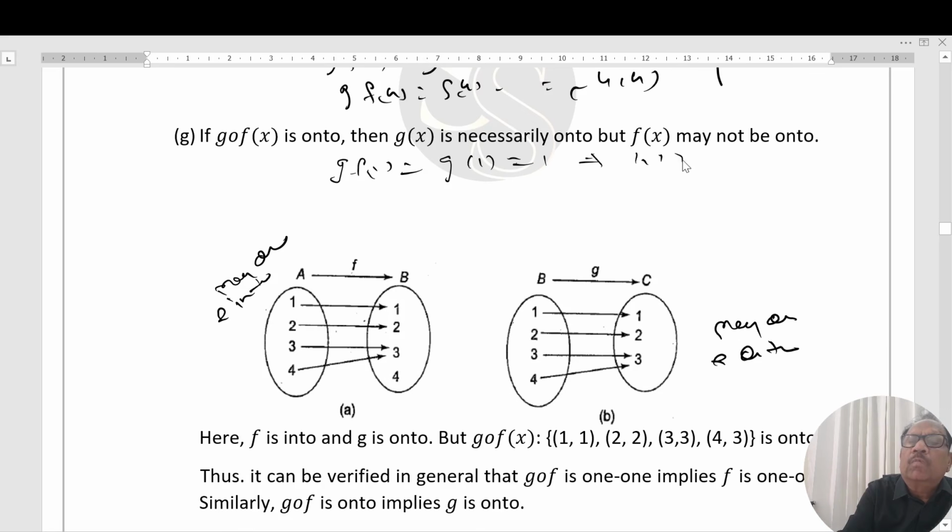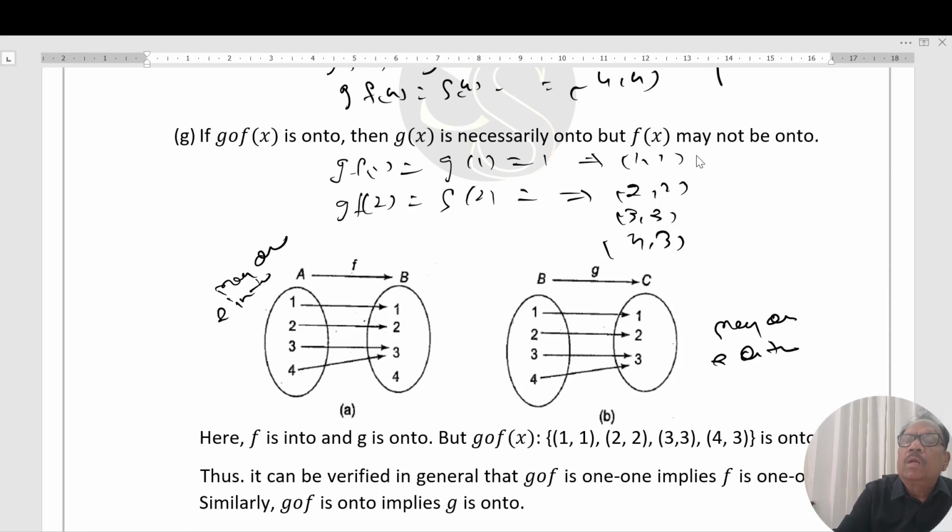This comes out to be 1-1. gf(2): g(2), this comes out to 2-2. Similarly, g(3) is 3, f(3) is 3. This comes out to be 3-3. Similarly, f(4) is 3, g(3) is 3. These are the answers. So f is into and g is onto, but g o f is onto because every element is being occupied.